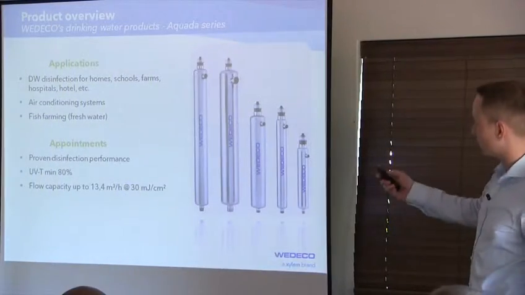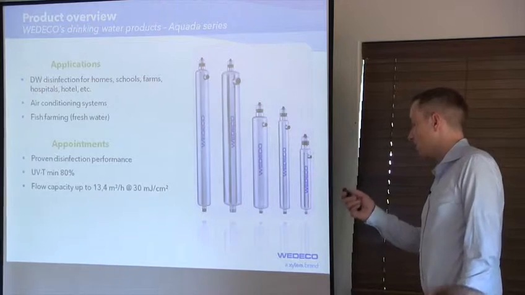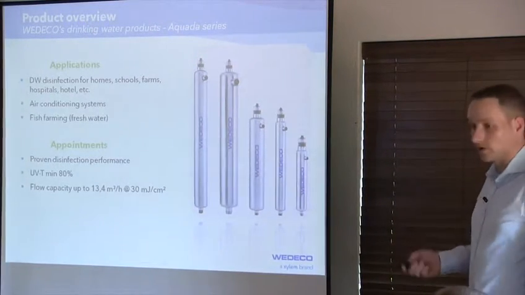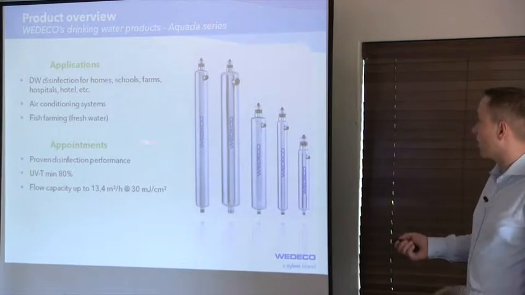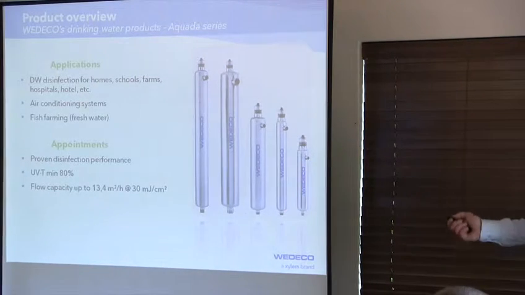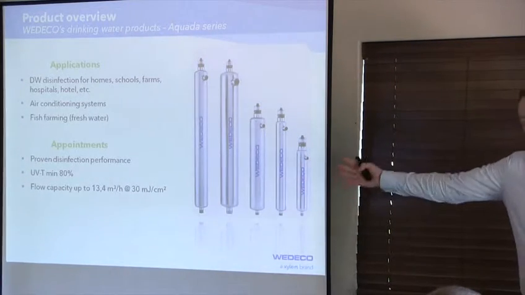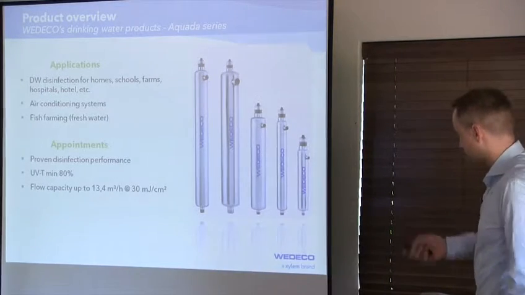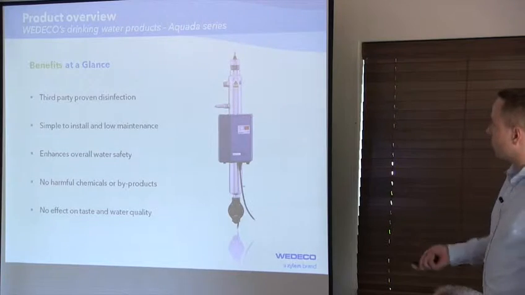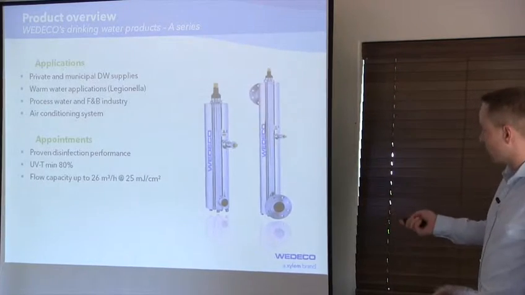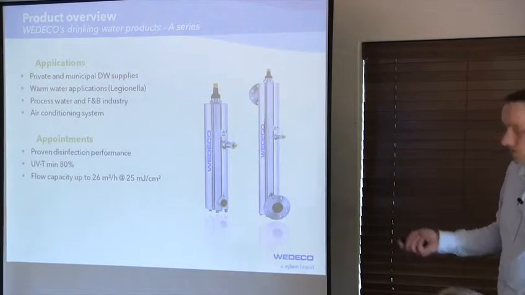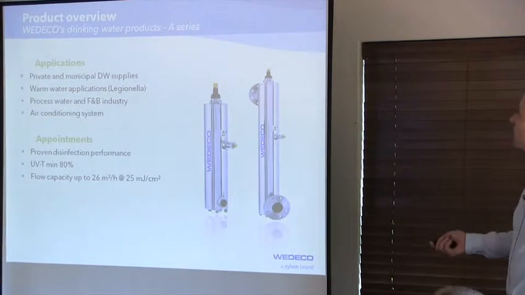as we already basically spoke about the Aquata series and which applications: homes, schools, farms, hospitals, hotels, etc. We can also use it for fish farming, and they start in this size and go up to this size. We have the same, a little bit bigger, the A series for a little bit higher flows, up to 26 cubic meters per hour.